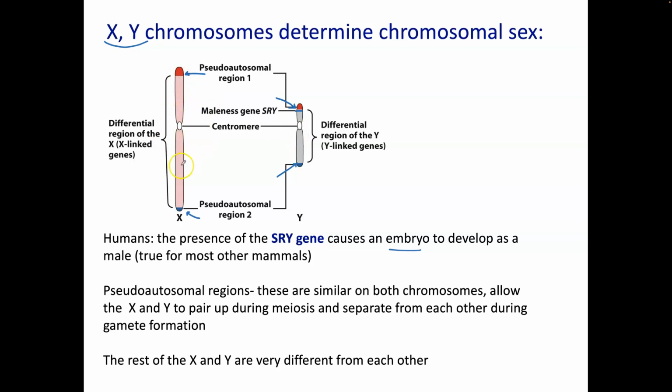The X chromosome has to coil around a lot so that this part can pair with this part. The centromeres can pair with each other, and these bits can pair with each other during meiosis 1, and then separate from each other. Otherwise, the sequences in between here, all of this stuff is very different between the two chromosomes.